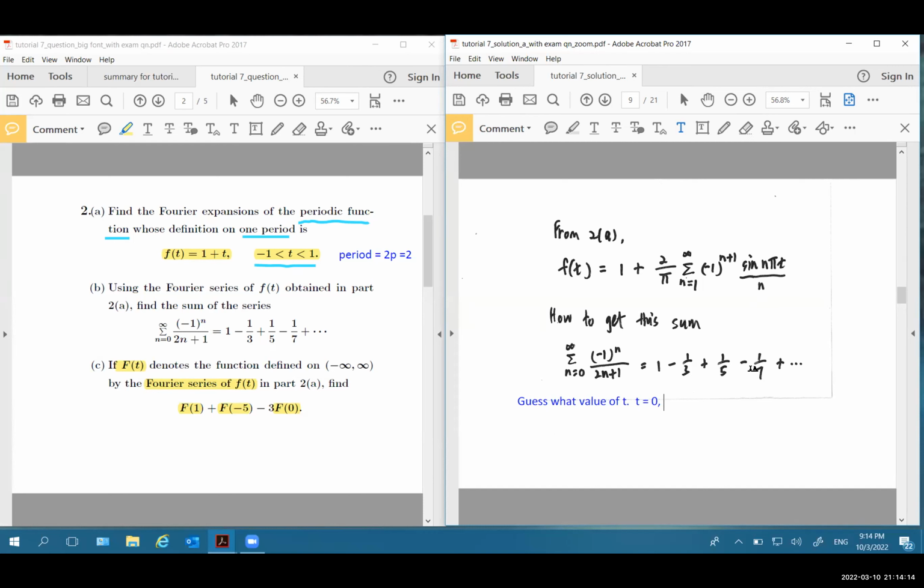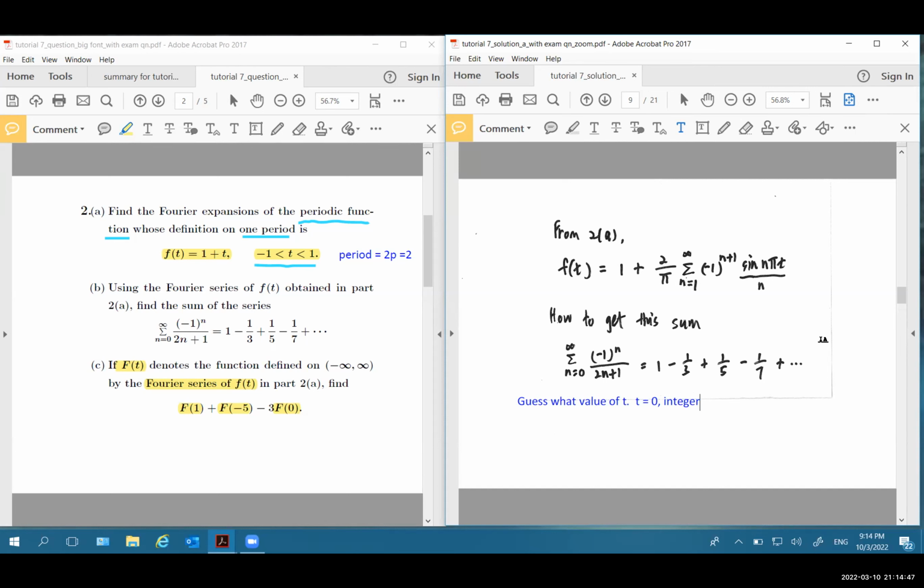Then you want to say, how about integer? Integer is also very nice, right? 1, 2, all these integers. So can t be an integer? If t is an integer, what is sine n pi times integer?